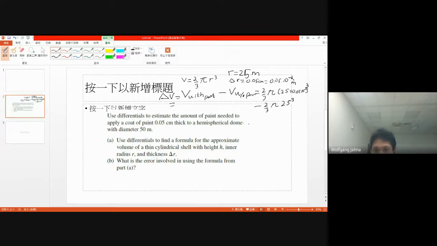So calculus says that what? Delta V over delta R can be approximated as, I forget. Do you remember from the book? Let us see.